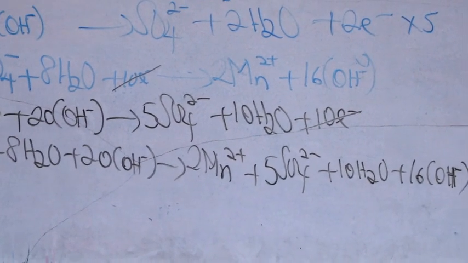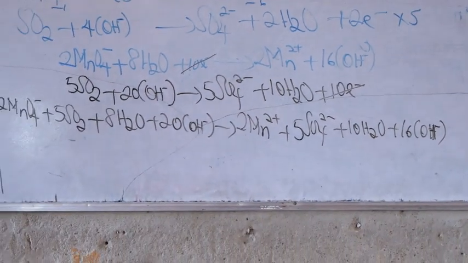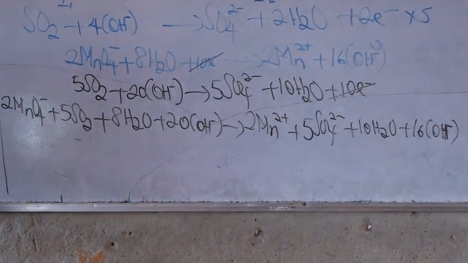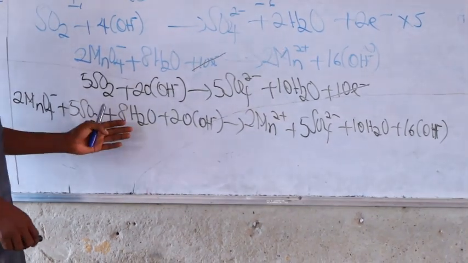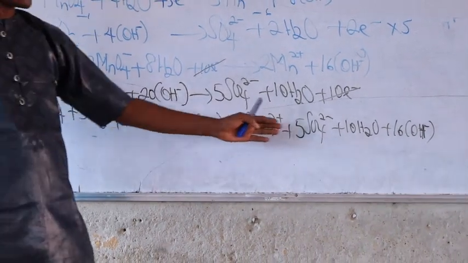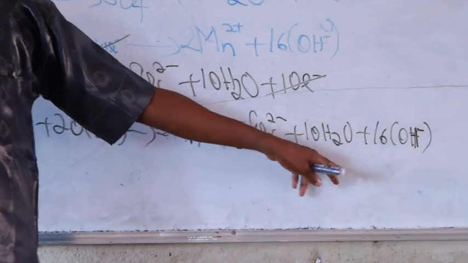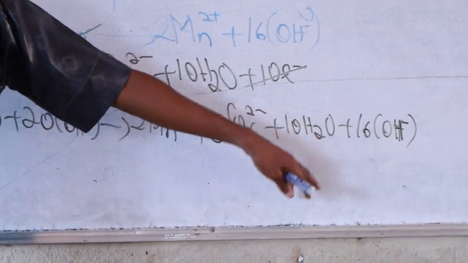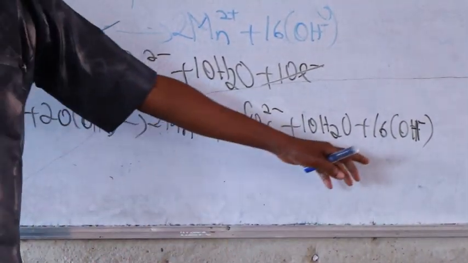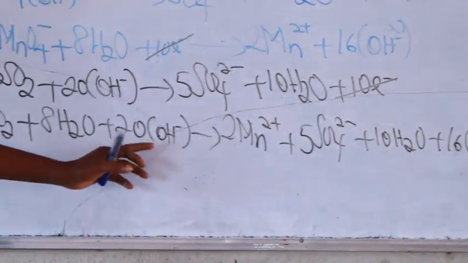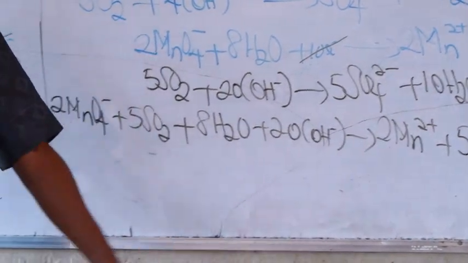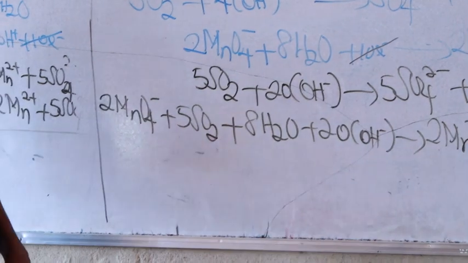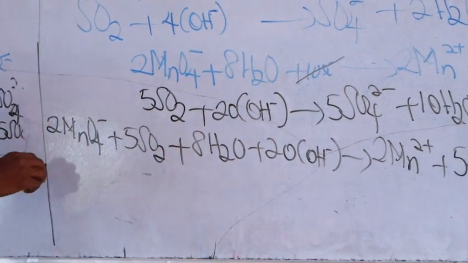But remember, when you write the equation, you don't have negative. So what we do is to take 8 water molecules to this side, so as to reduce the number of water molecules to 2. And you take this 16 hydroxyl ion to this side, so as to reduce the number of hydroxyl ion.